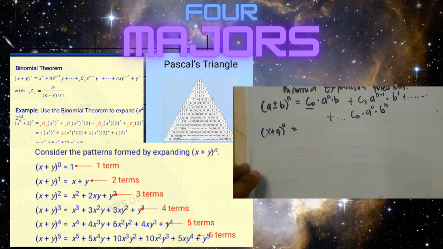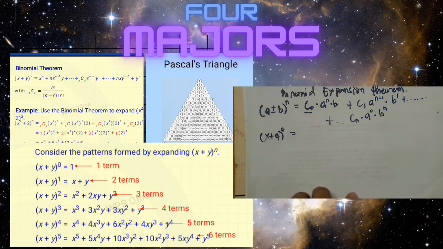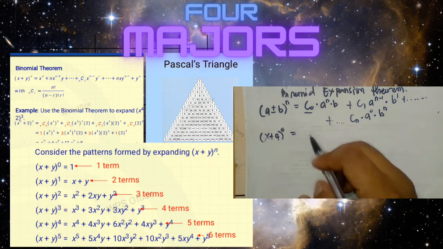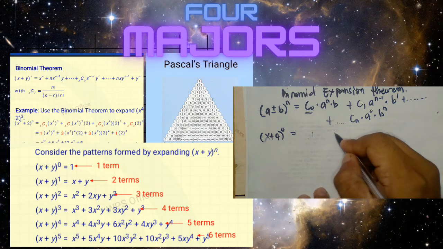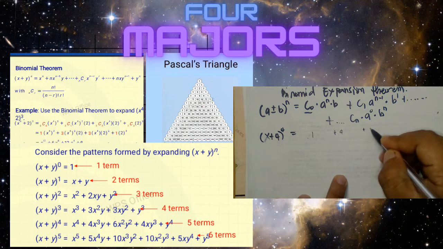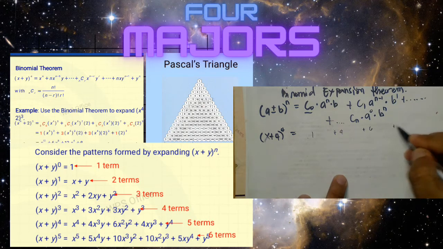And so on and so forth. Okay, so let's see. The constants are already known. If you are going to follow the Pascal's triangle, it will have 1 plus 4 plus 6 plus 4 plus 1.